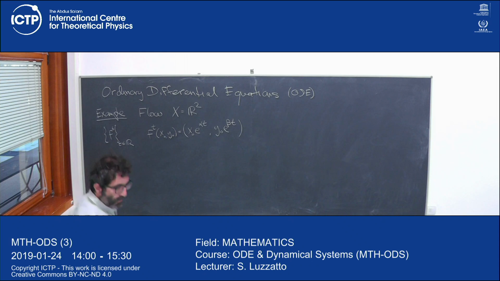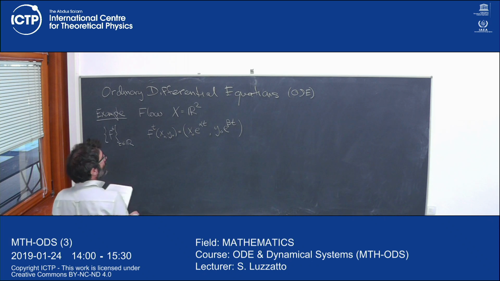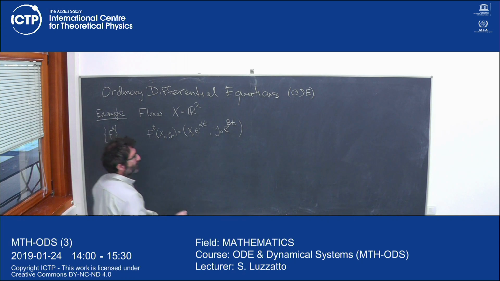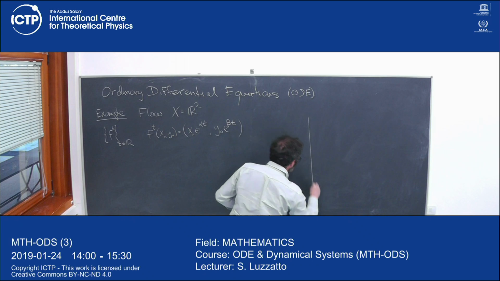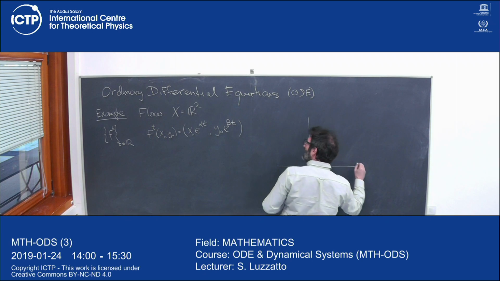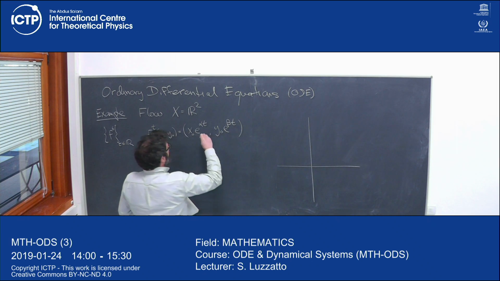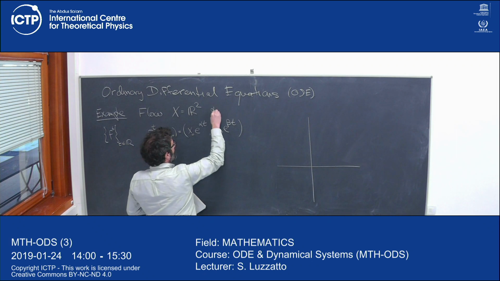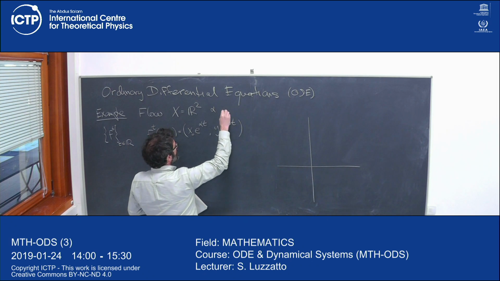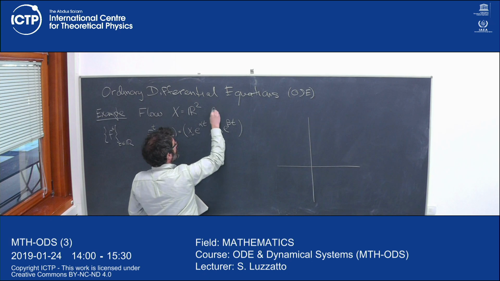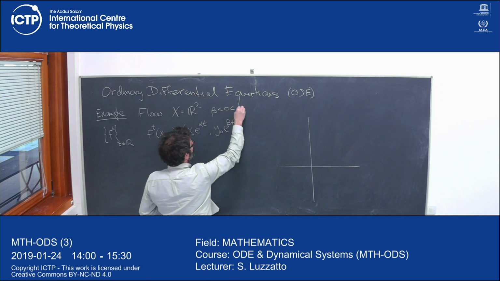And let's suppose that, let me draw it here. So let me suppose that beta is negative and alpha is positive.